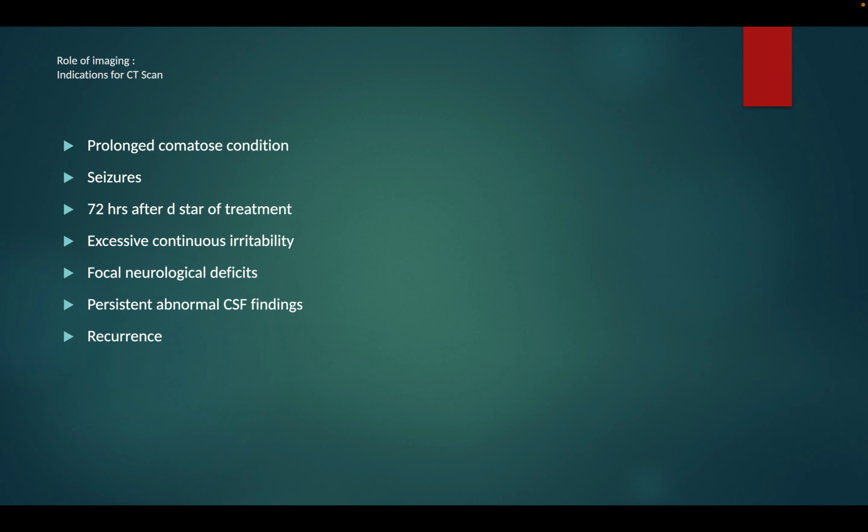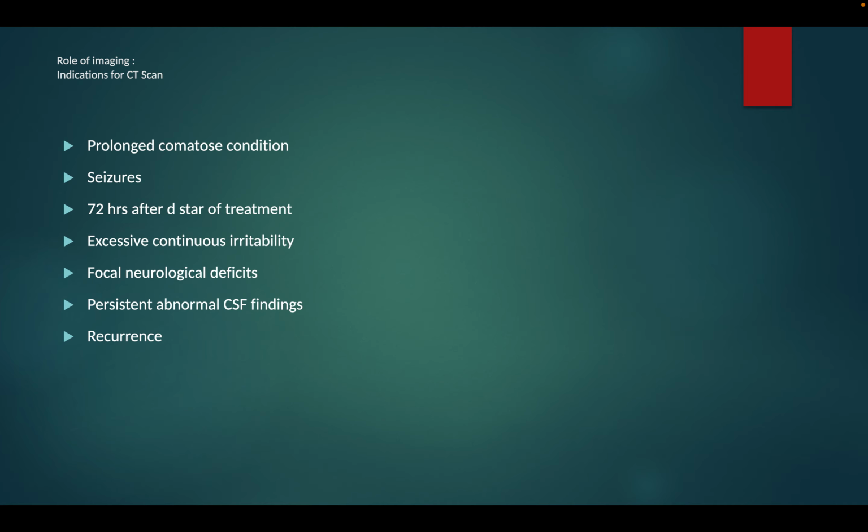Coming to radiology and imaging, the first and foremost and commonest thing to do for patients who have suspected meningitis is to advise a CT scan. It can be advised in any patient who has a prolonged comatose condition, those who have seizures, and of course we may repeat it 72 hours after the start of the treatment.